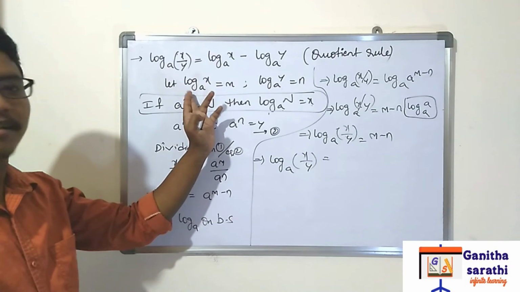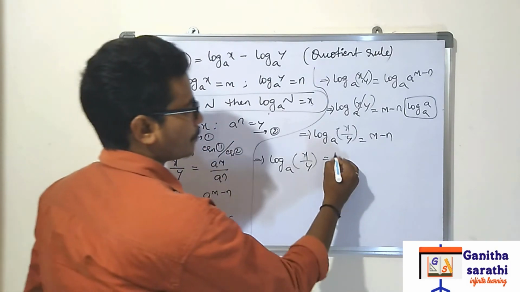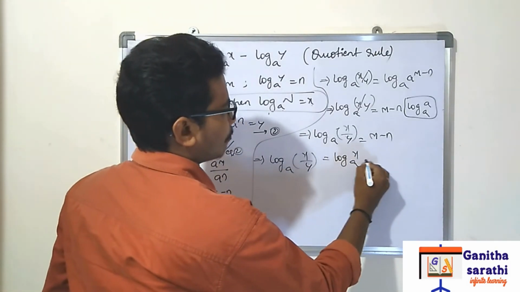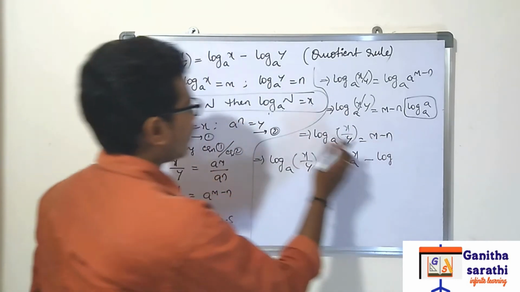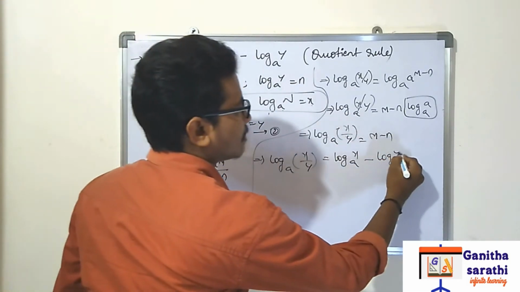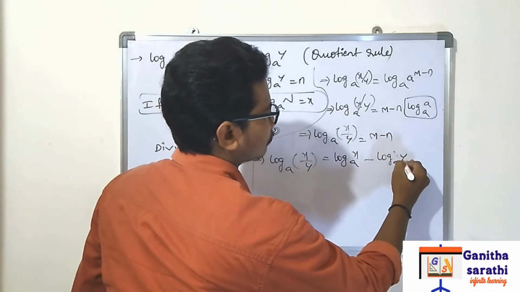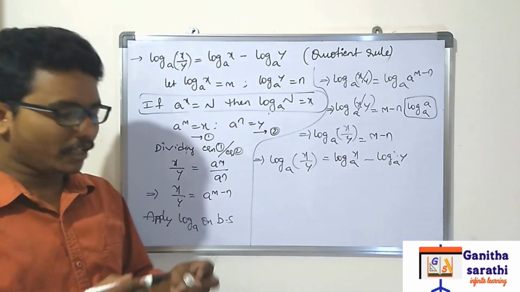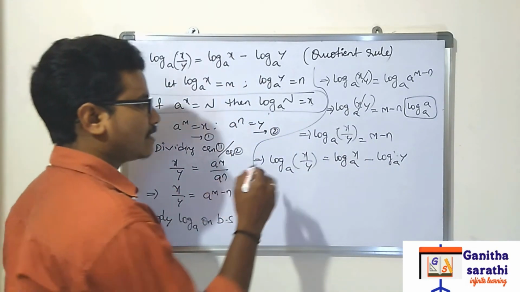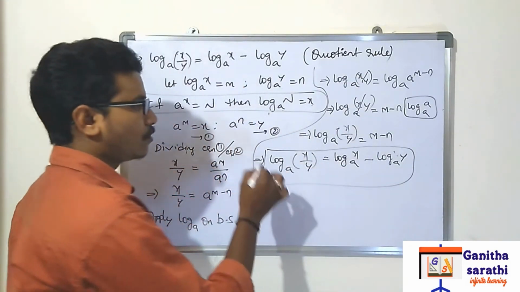The m value is log x base a minus, what is the n value? The n value is log y base a. Log y base a. Understood? Got it? So this is the quotient rule proof.